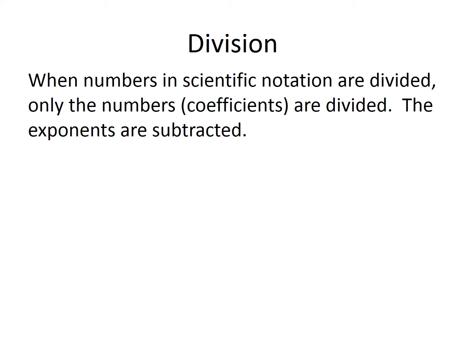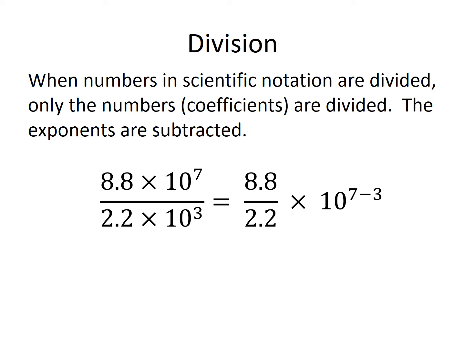Division is done in a similar fashion, but when numbers in scientific notation are divided, we divide the coefficients and we subtract the powers of 10. In this example, 8.8 times 10 to the 7 is divided by 2.2 times 10 to the third.